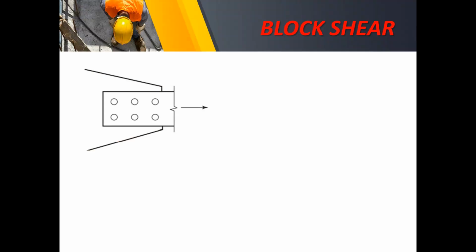Remember that the block shear might occur on the gusset plate or on the tension member itself.